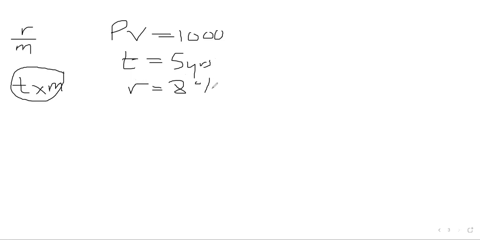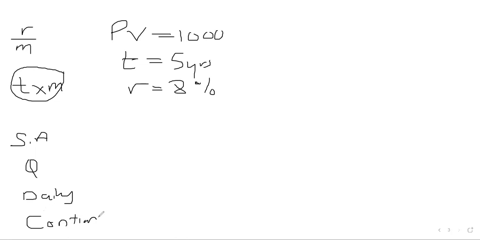One thing you also need to know is that the more we compound, the higher the figure. Suppose we are asked to calculate the future value if it's compounded semi-annually, quarterly, daily, and also continuously.